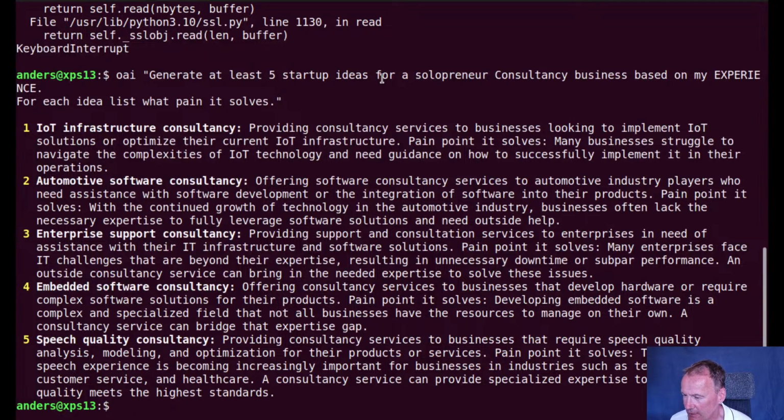IoT infrastructure consultancy, providing consultancy services to businesses looking to implement IT solutions or optimize their current pain points. Many businesses face complexities with IT technology and need guidance on how to successfully implement their solutions.